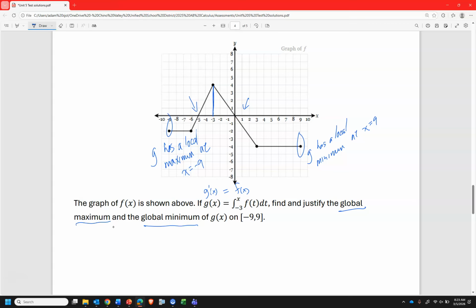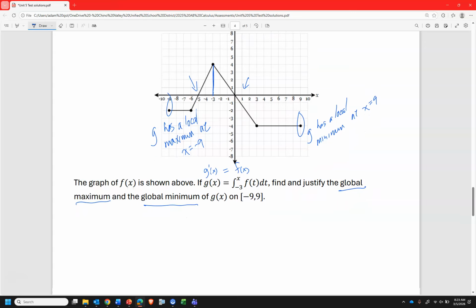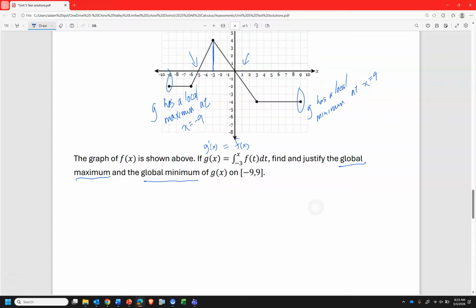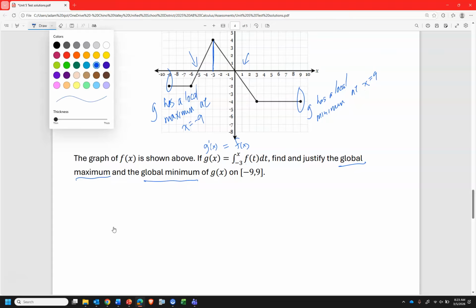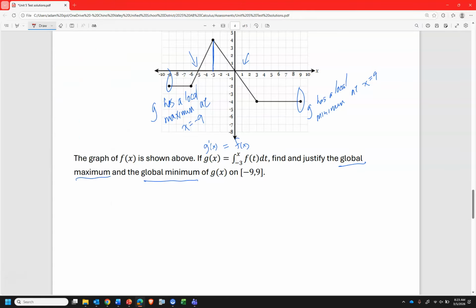So the easiest thing to do is just kind of avoid that work altogether and do the extreme value theorem, the candidates test, the table of values thing. So what we're going to start off with, let's change it into red, is continuity, right? In order for a maximum and minimum to be guaranteed, g has to be continuous on the closed interval -9 to 9.